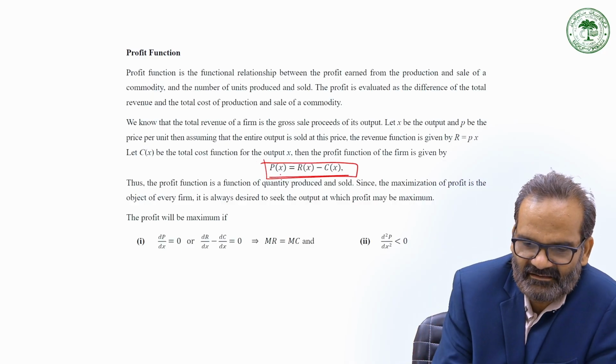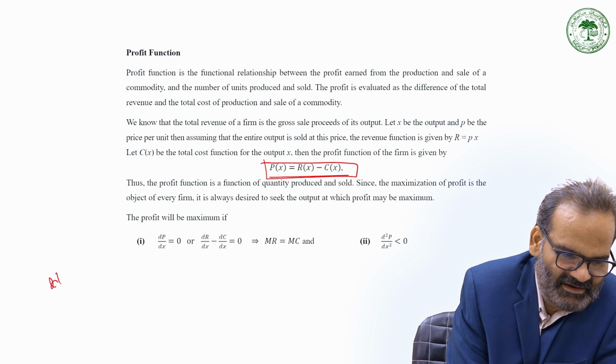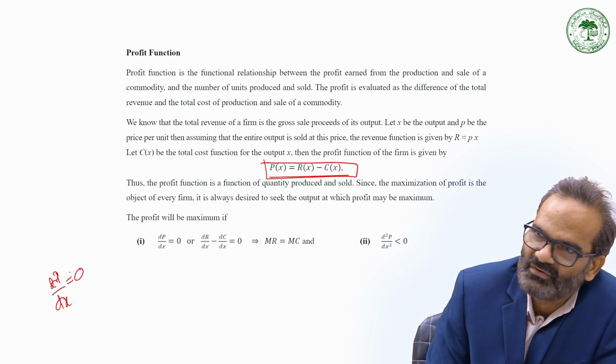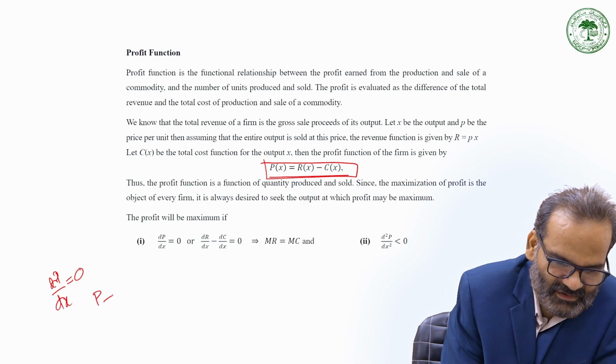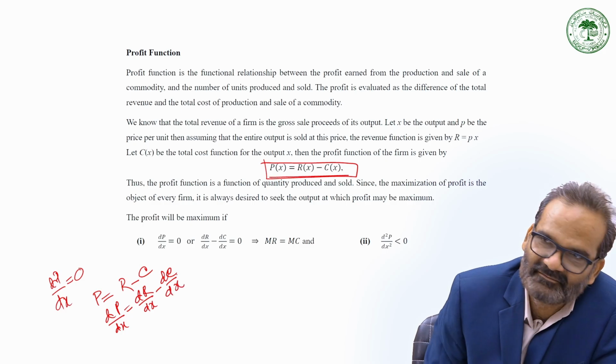Once the profit is there, what we will do? See, dP over dx, its first derivative, should be equal to 0 for getting the stationary point. So if P is equal to R minus C, dP over dx will be what? dR over dx minus dC over dx.